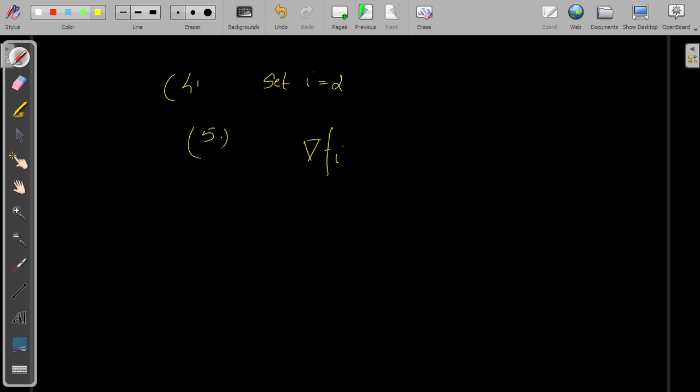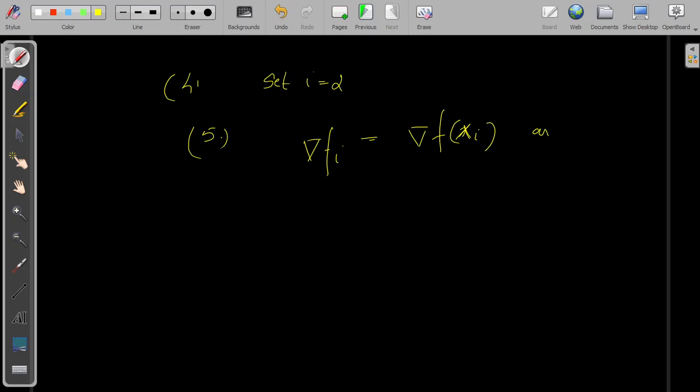Here del fi means del f2, that is equal to del f of Xi, where X is a vector.